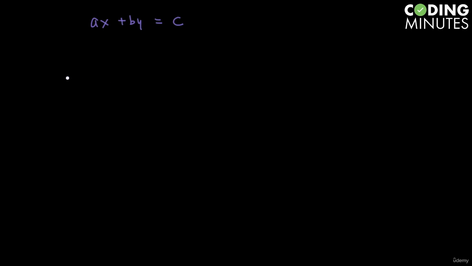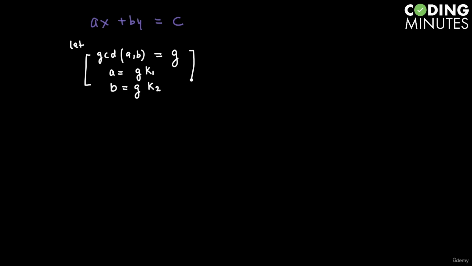Let us say that the GCD of a comma b is denoted using the variable g. That means a would be some multiple of g. So I can write a as g times some constant k1, and b can be written as g times some constant k2. So this is pretty obvious.